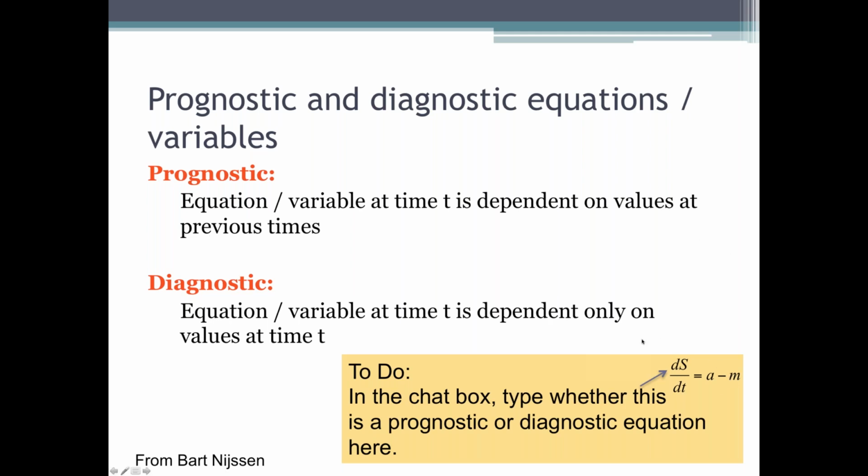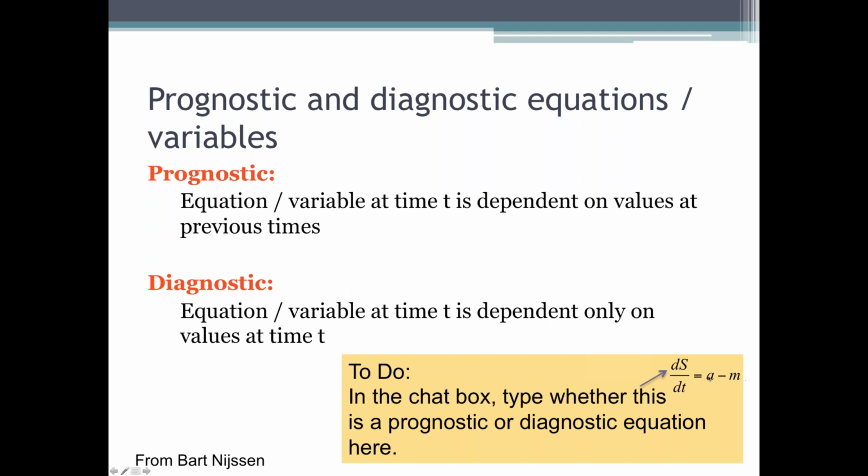So what we see in this equation is this is saying change in snow storage as a function of time is equal to accumulation minus melt. So the question is, does this equation depend on values at previous times? And I think the confusion arises because the change itself does not depend on values at previous times.